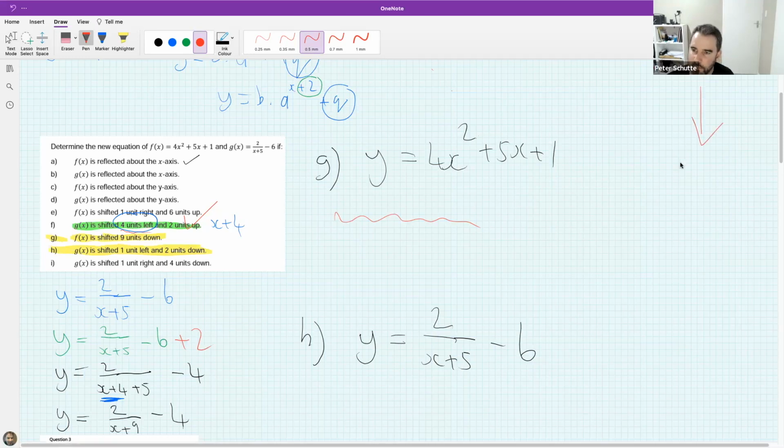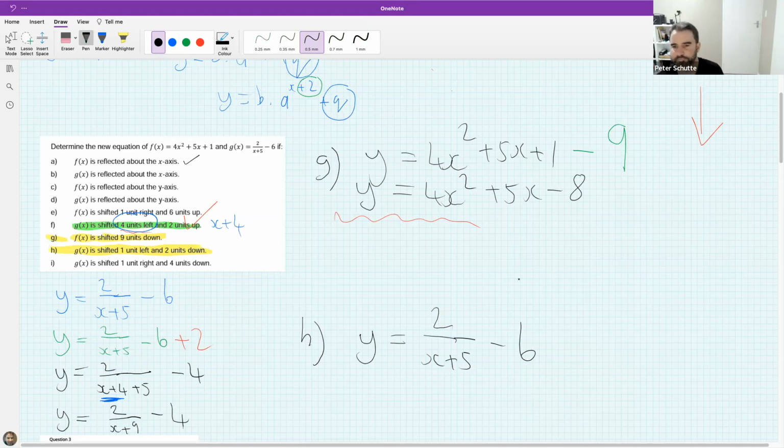If I want to move everything down by 9, what is the algebra that's going to help me do that? Yes, Annie, I think I agree. Comke seems to agree as well. If I put a big -9 here, that will move everything down. And so my final answer should be -8. And that will shift everything down by 9 units. Okay, what about H?